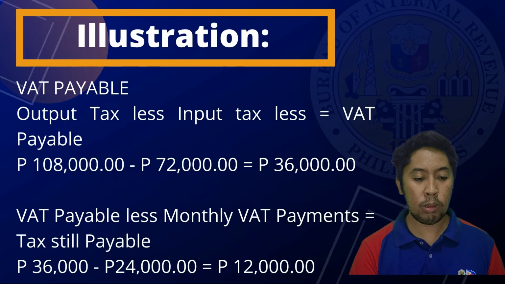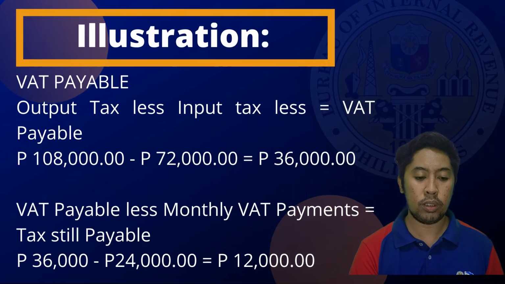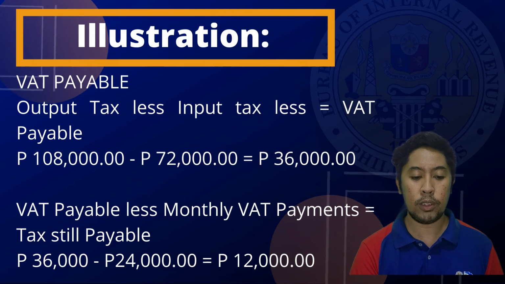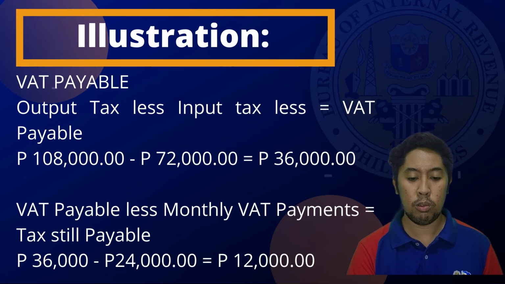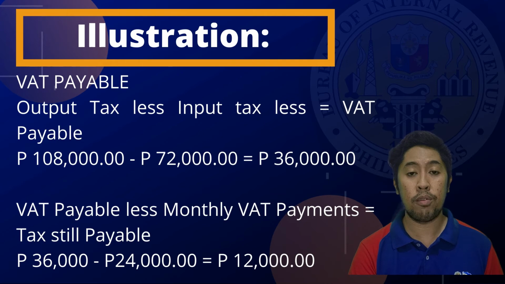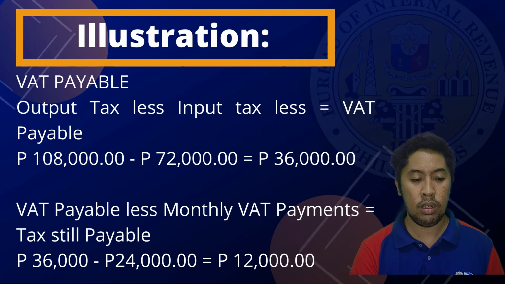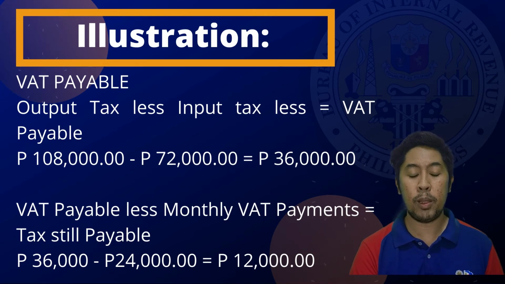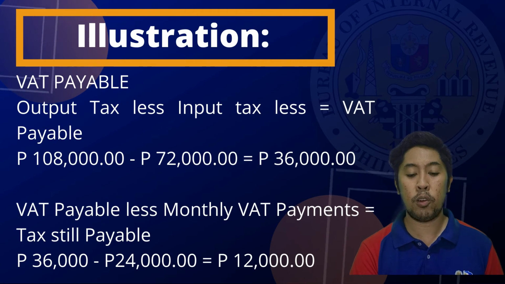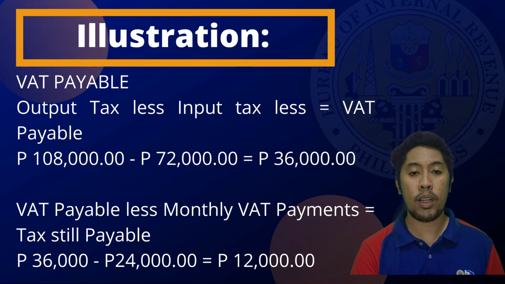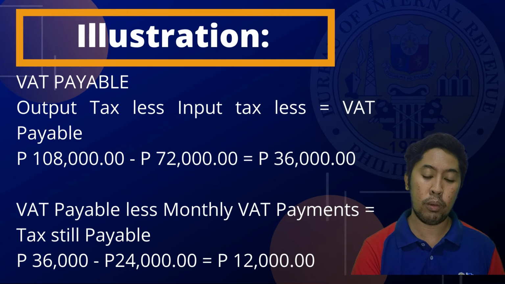So your output tax of 108,000 less input tax of 72,000 would result to a 36,000 VAT payable. Less your monthly VAT payment for January and February of 24,000 to arrive at the quarterly VAT payable of 12,000 pesos.